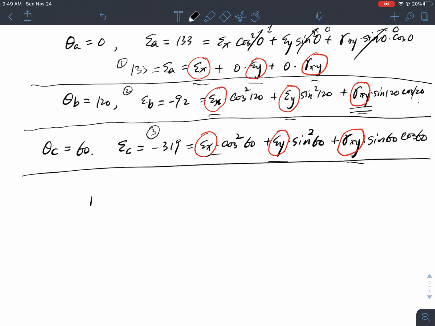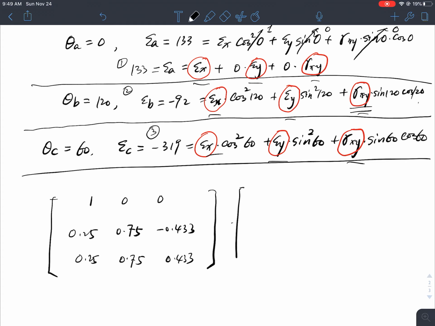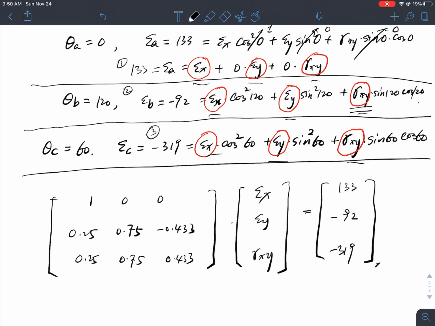Now I can write them down in terms of 1, 0, 0, and 0.25, 0.75, minus 0.433, 0.25, 0.75, 0.433 as a matrix of coefficients, and multiply an array of these unknowns epsilon x, epsilon y, gamma xy, and this whole thing is going to equal 133, minus 92, minus 319, and that's it.